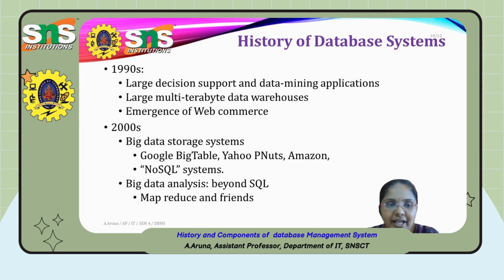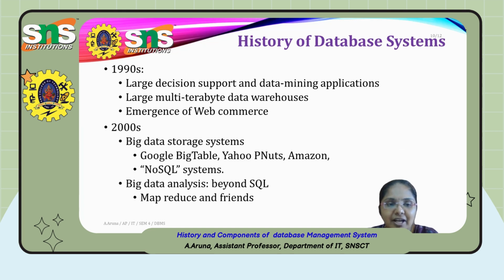In the 1990s, data was going to become larger. We need decision support and mining for applications, any type of e-commerce, web-based or mobile-based application. Definitely we need decision support for mining.